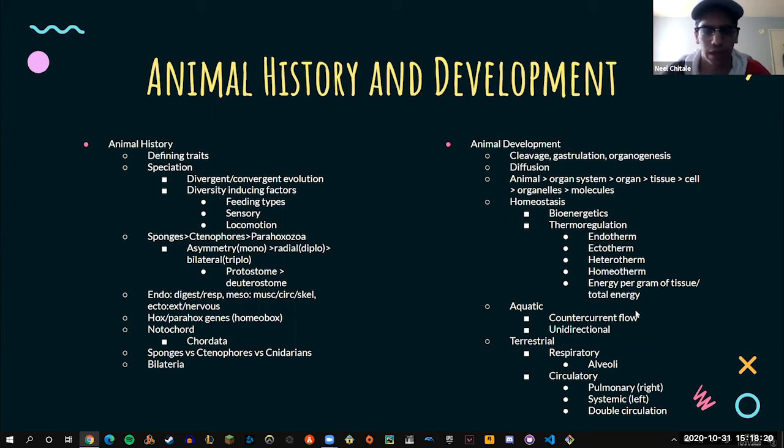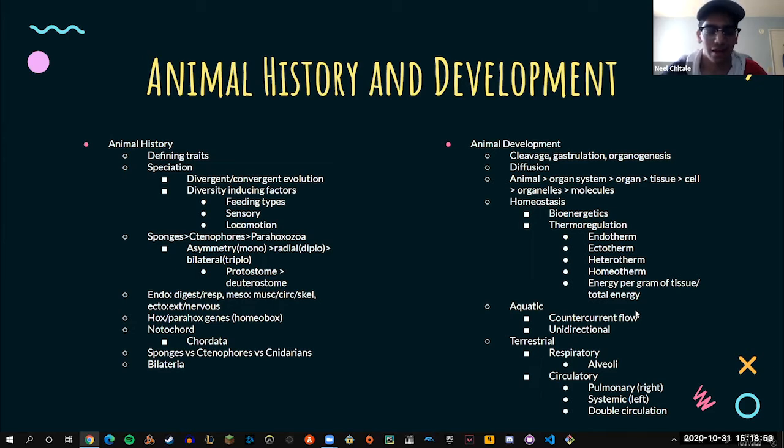And so the homeobox can be really useful in determining how the adult form will develop, like what functions and what limbs might develop, as well as comparing between species, the similarity in homeoboxes, because that can help us determine similarity between organisms.